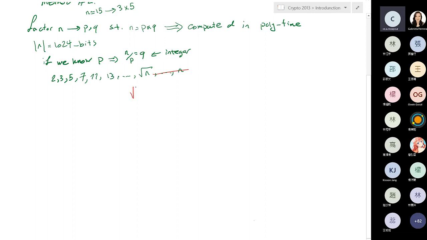So if you take the square root of n, which is 2 to the power 1024, we would get some number which is 2 to the 512, right? So we only have to go up to some prime number that is less than this value, and therefore we don't have to go through all the list over here. So all the way up to the square root of n is enough.